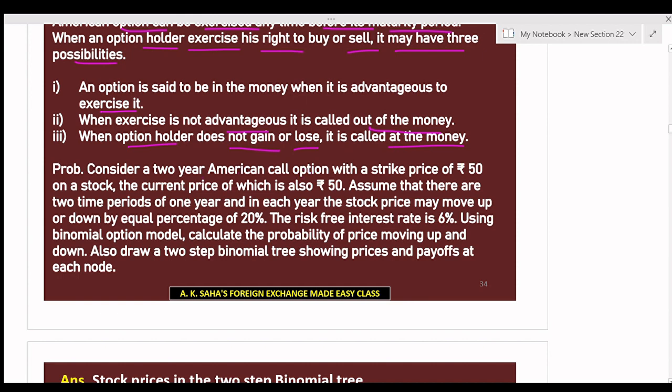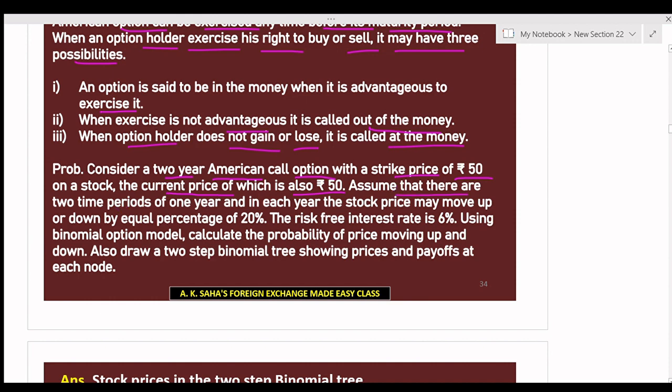Now come to a problem. Consider a 2-year American call option with a strike price of rupees 50 on a stock, the current price of which is rupees 50, that is ATM. Stock price is 50 and strike price is also 50.